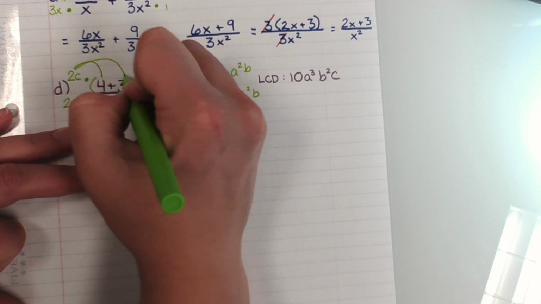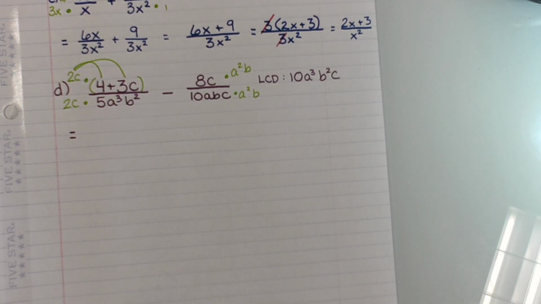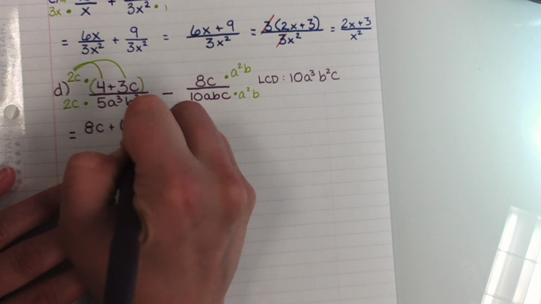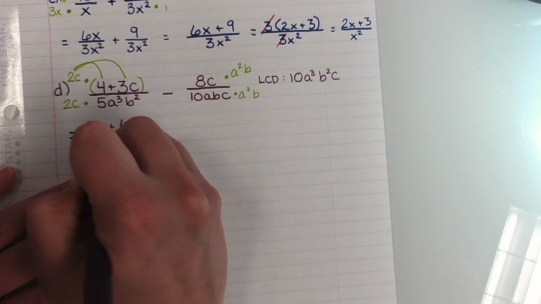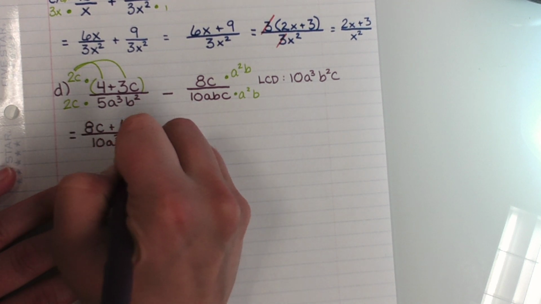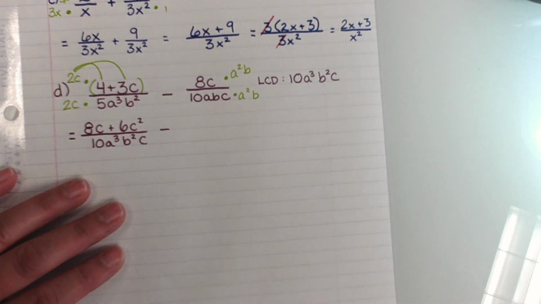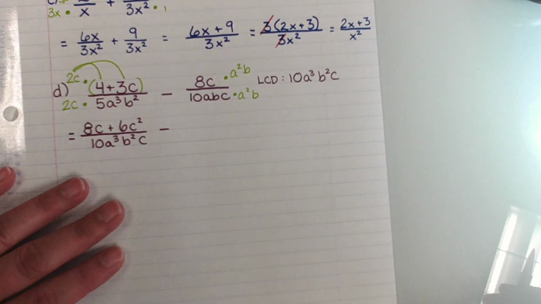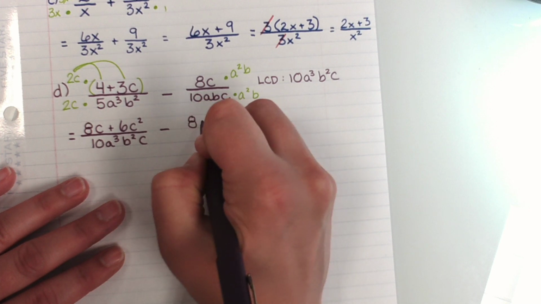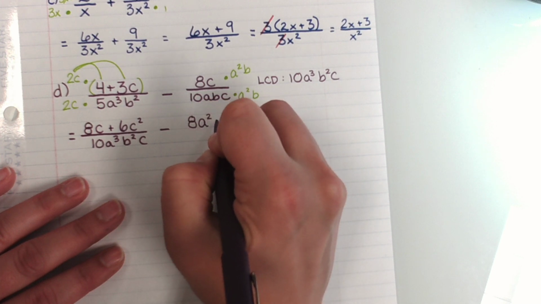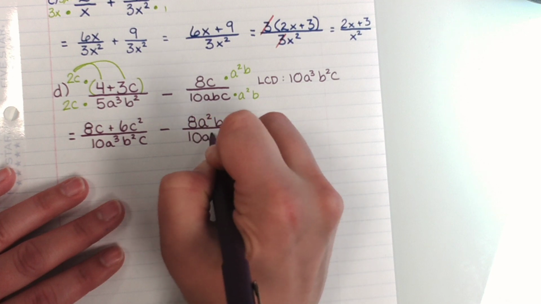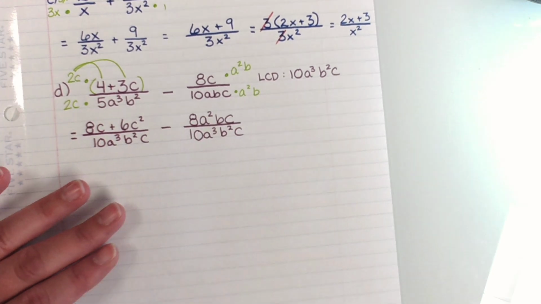And yes, you have to distribute then. 8c plus 6c squared over 10a cubed b squared c minus. This one didn't have addition or subtraction in it, so 8a squared bc over 10a cubed b squared c.